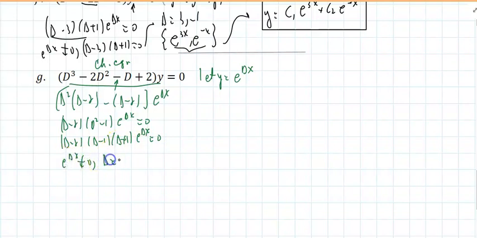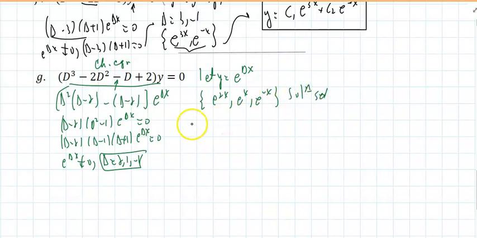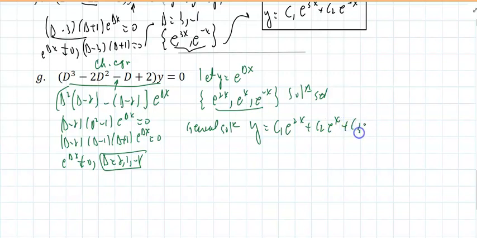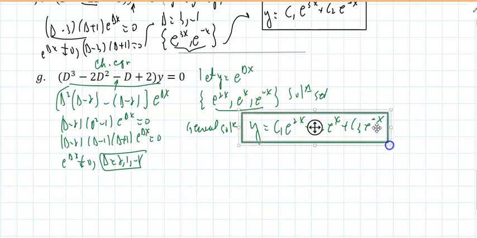It must be that d equal 2, 1, or negative 1. The solution set is e to the 2x, e to the x, and e to the negative x, which indicates the general solution is y equal any combination of those: c1 e to the 2x plus c2 e to the x plus c3 e to the negative x. And that would be my final general solution.